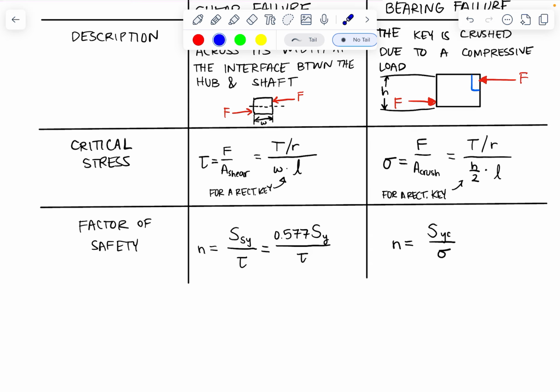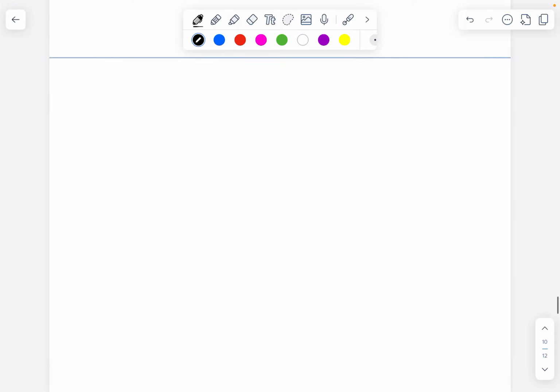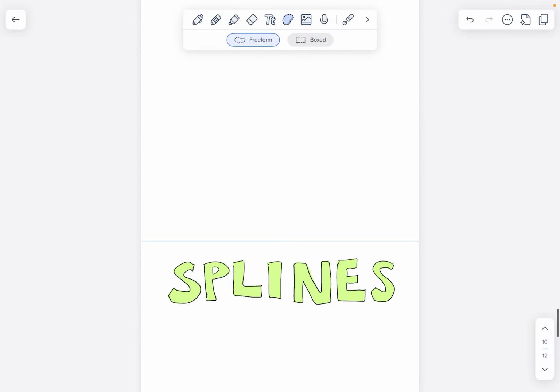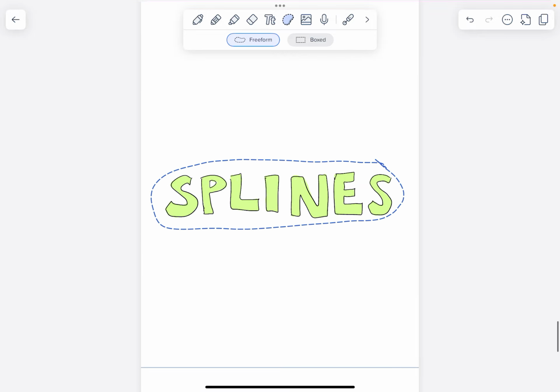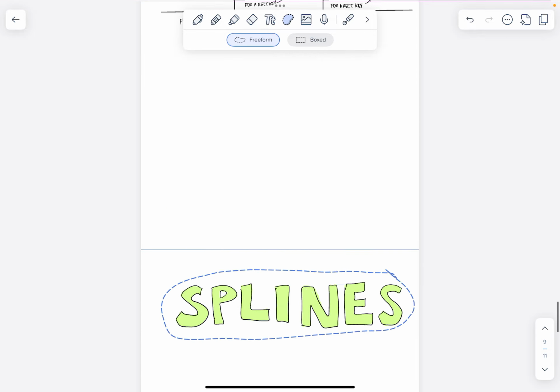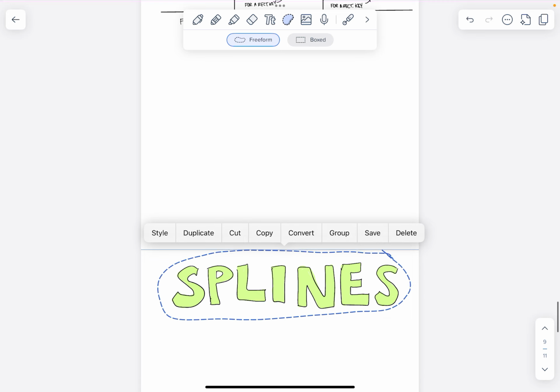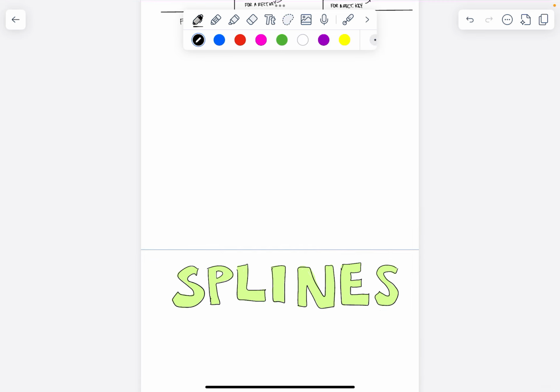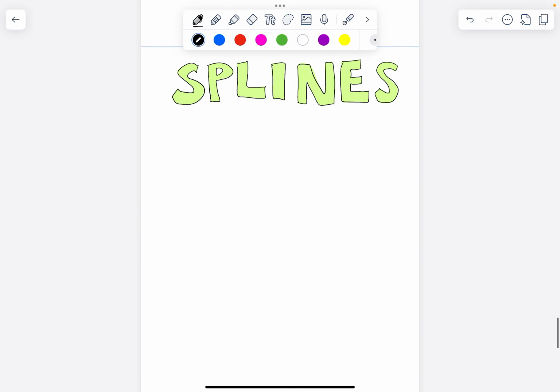So finally, we've talked about keys. Now let's talk about splines. So splines are another method for attaching hubs to shafts. Let's define it first.